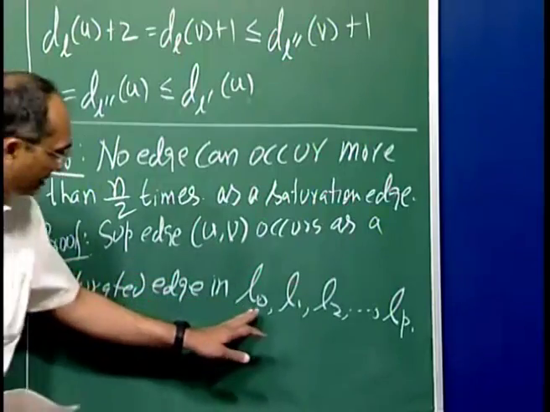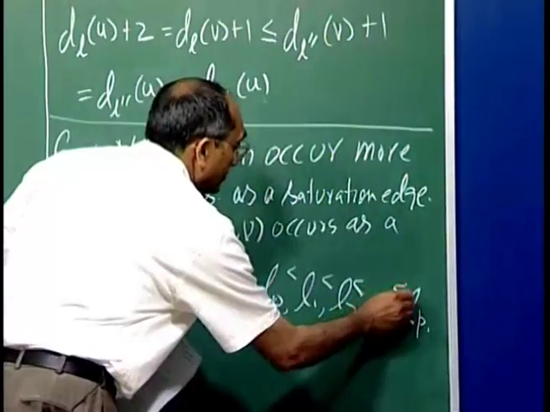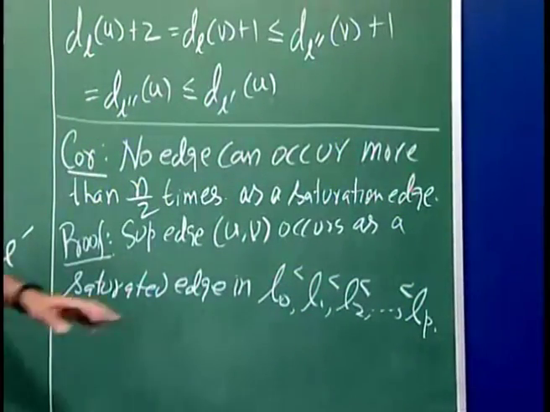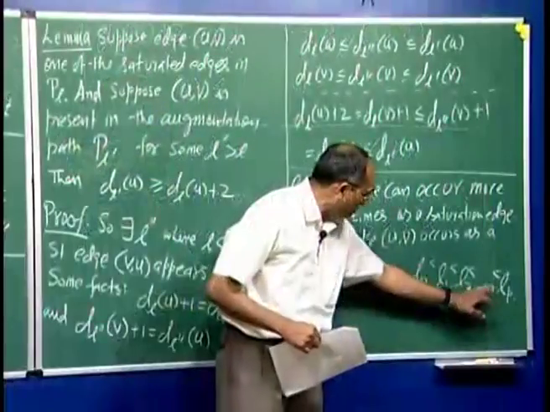So these are the different successive iterations, and I am assuming that it first occurred in iteration L0, then in L1, then in L2 and so on.